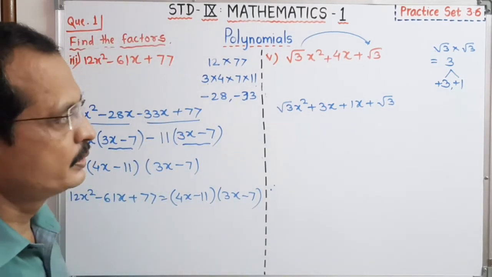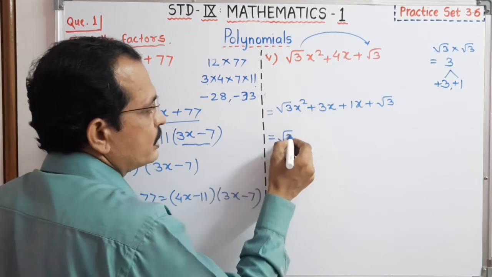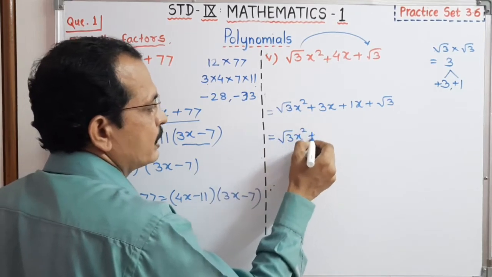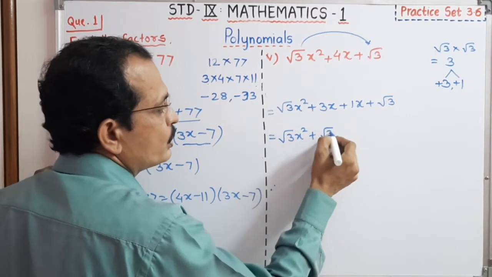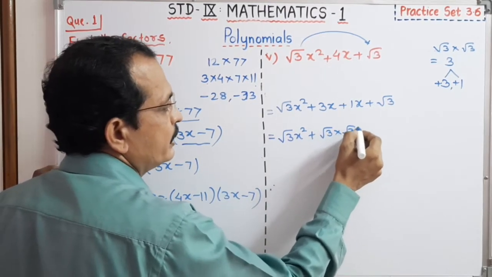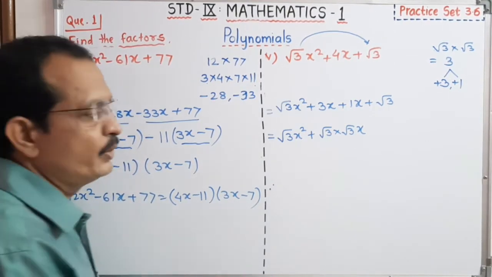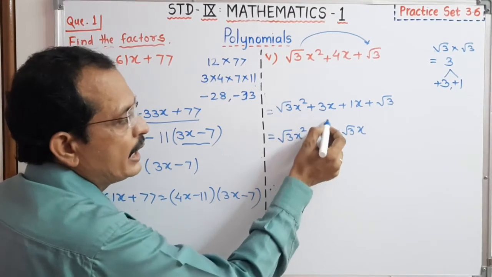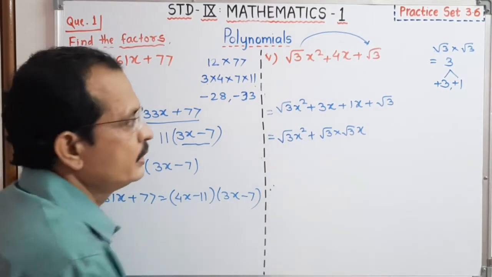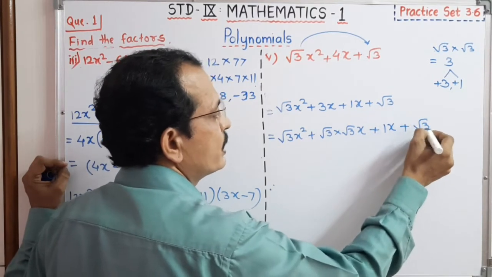Now dear student, I make one change here. In this root 3x square plus, instead of this 3, if I write root 3 into root 3, is it right or wrong? It is correct, because root 3 into root 3 is 3. Instead of writing 3, I write root 3 into root 3 plus 1x plus this root 3.